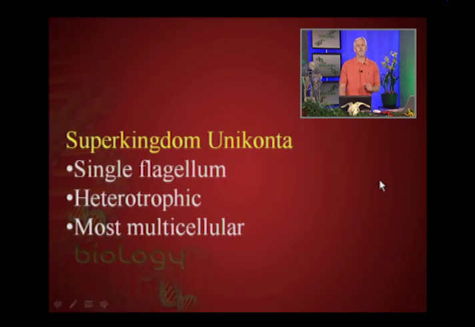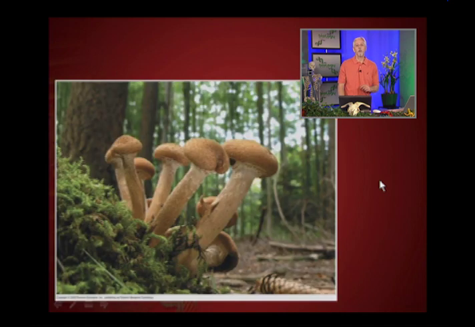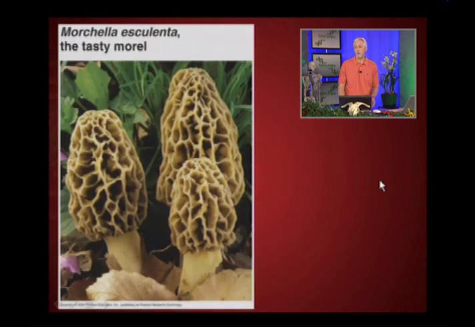Now, another superkingdom are the Uniconta. What distinguishes the Uniconta is that they have a single flagellum, they are heterotrophic, and most members are multicellular. Examples of the Uniconta then are both fungi and animals. In terms of different types of fungi, and we'll come back to these in our next module, examples would include things like mushrooms, morels, if you're familiar with those.